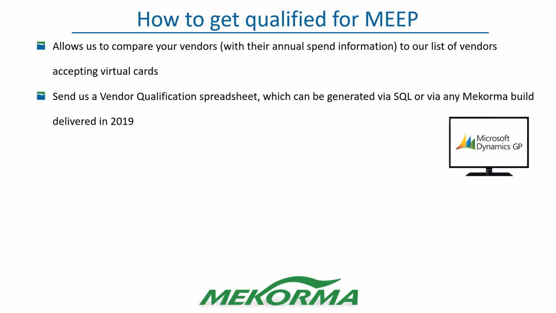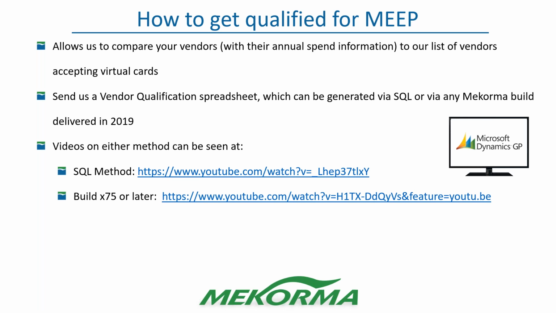We then provide you with an analysis to let you know: these are the vendors that are going to take the electronic payments, such as your V card. These are the vendors that we can get over to your ACH or EFT. And then these are the vendors that we're still going to have to process via check.